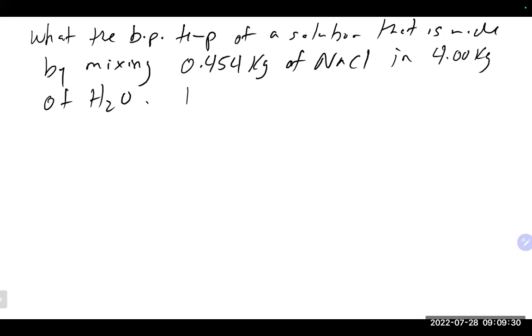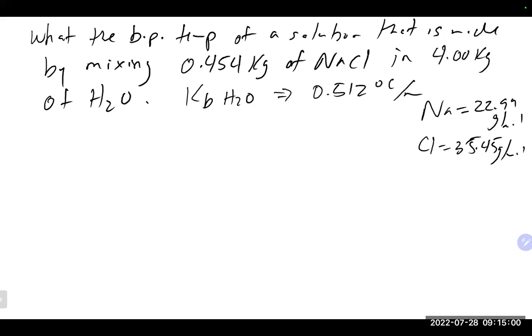The Kb for water here is 0.512, I believe. So what is the boiling point temperature in degrees Celsius for a solution that is made by mixing 0.454 kilograms of sodium chloride in 4 kilograms of water? Kb there is 0.512.